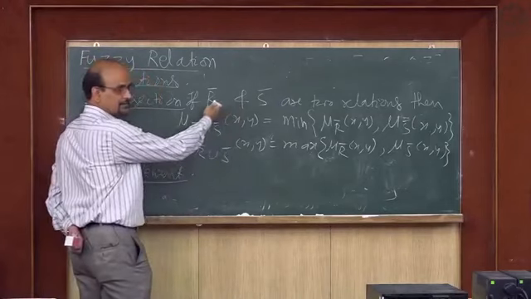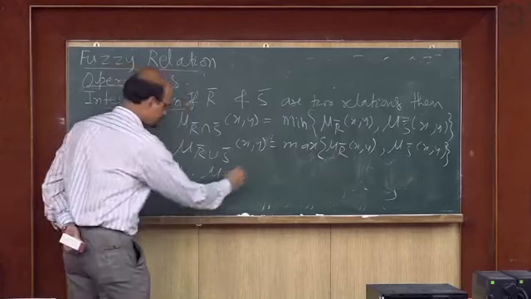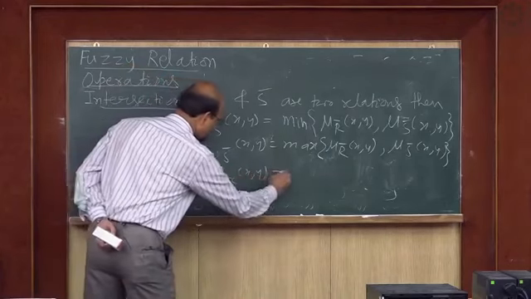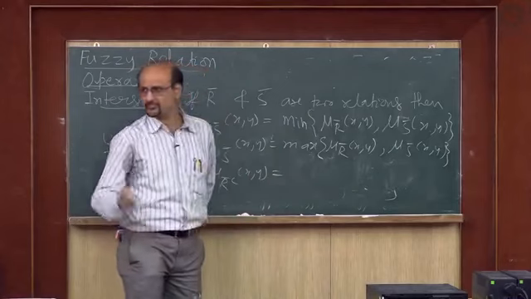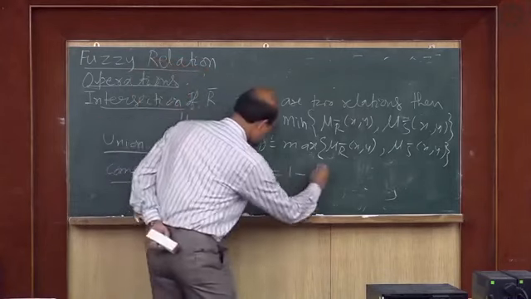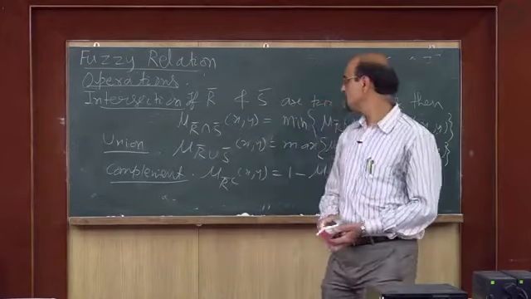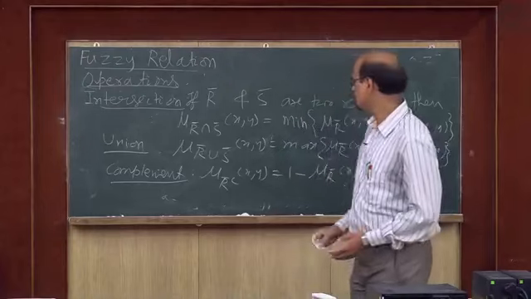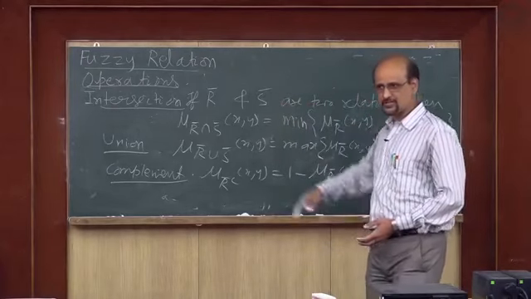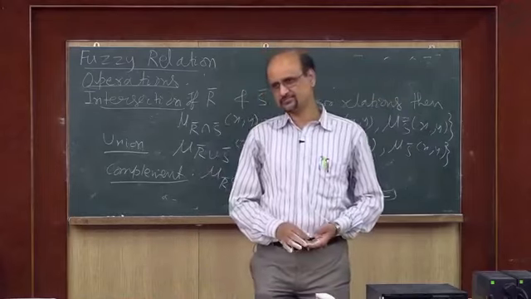Suppose R bar is a relation, so I have the complement, R bar complement at x y, and you know how to define it: it is 1 minus mu R bar x y. With this we will close today. All these operations you just see. Tomorrow we will do more on fuzzy relations. Thank you.